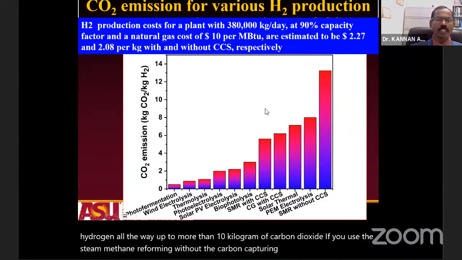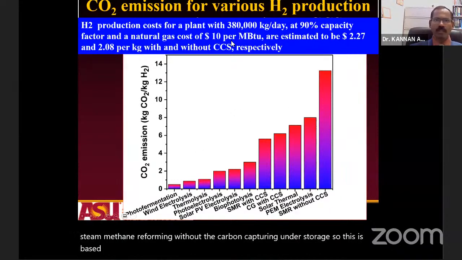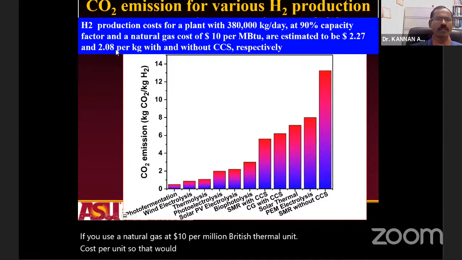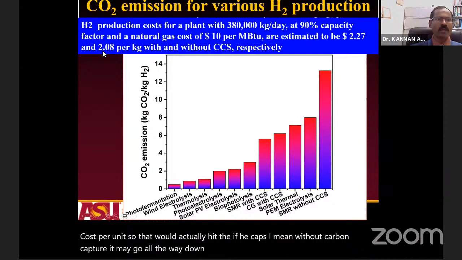So this is based on a plant with a 380 kilogram hydrogen production per day with a 90% capacity factor. If you use natural gas at $10 per million British thermal unit, that's a cost per unit. So that would actually hit, if we go without carbon capture, it may go all the way down to $2 per kilogram.